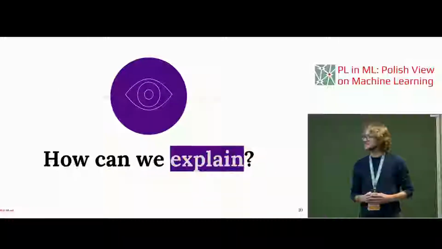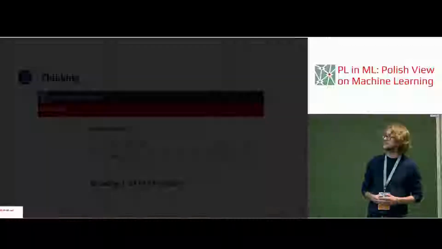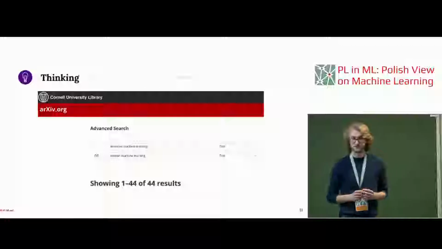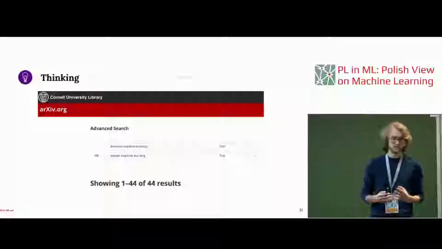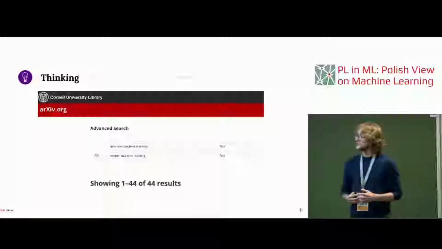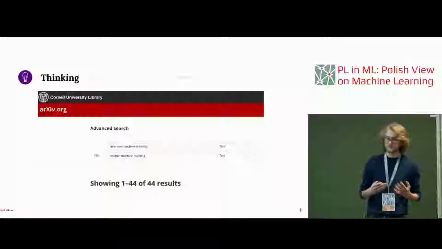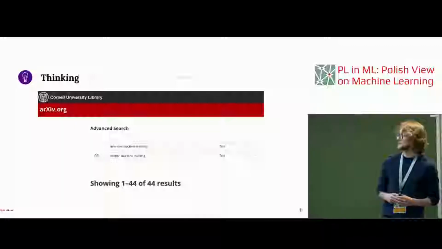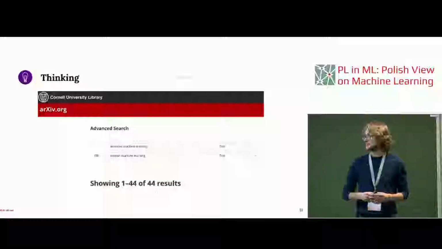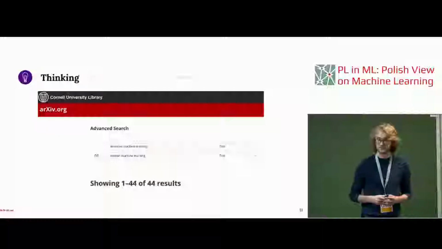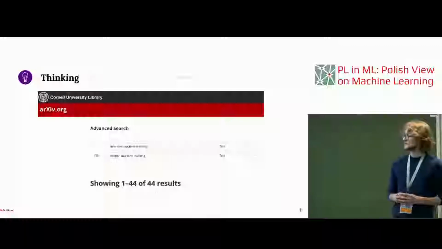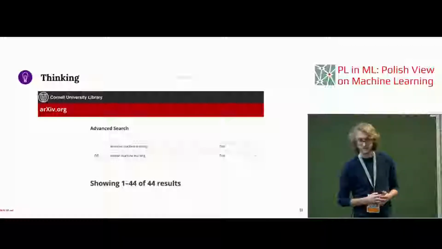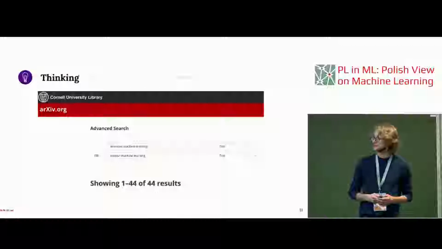So how can we explain? There are two significant steps. The first one is thinking. If we want to explain or interpret the model, we need to find a solution for that. This is a popular issue nowadays. We can see, for example, that many articles are created today to provide solutions for interpreting machine learning models.